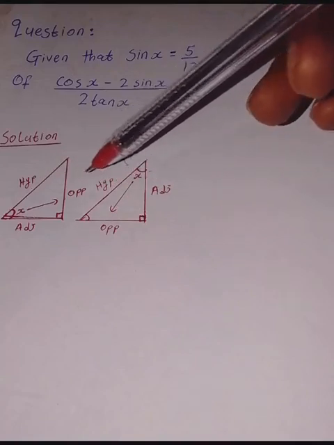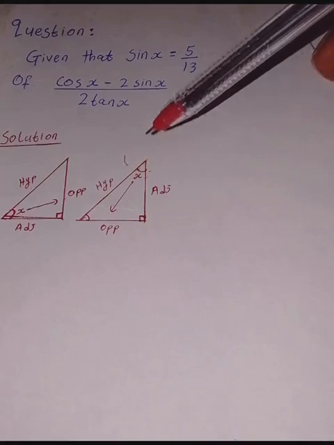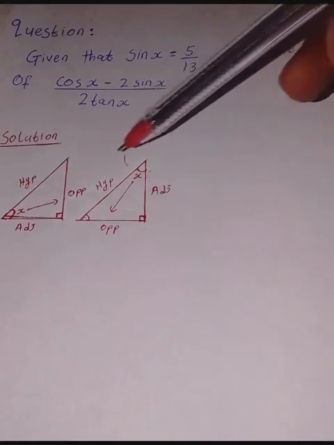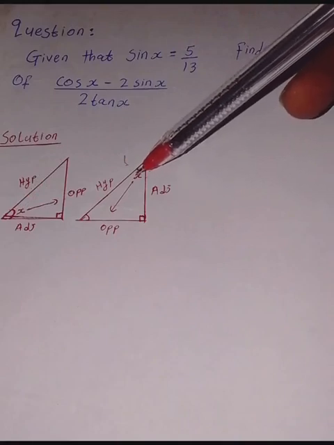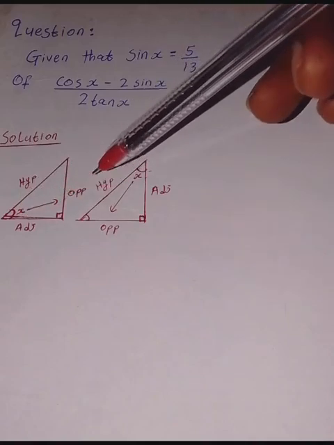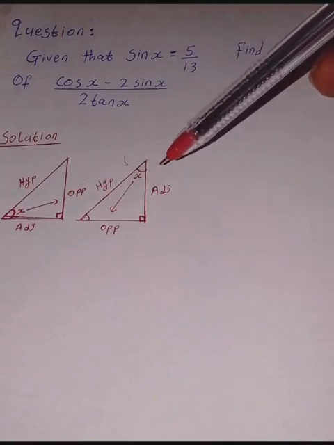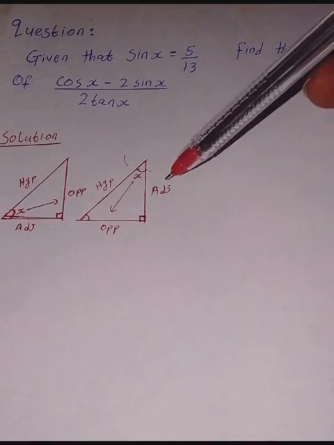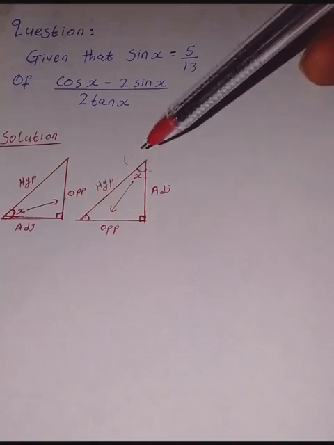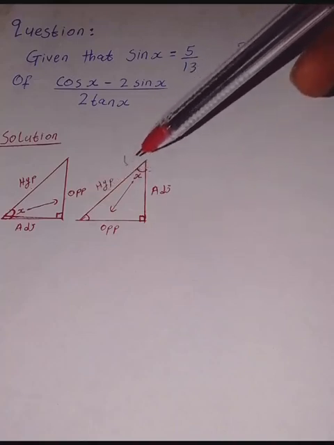Hope that is clear. That is how to label it. It depends on where we are finding the angle. The side facing the angle is called the opposite, and the rest side is the adjacent, while the longest side of the triangle is called the hypotenuse.